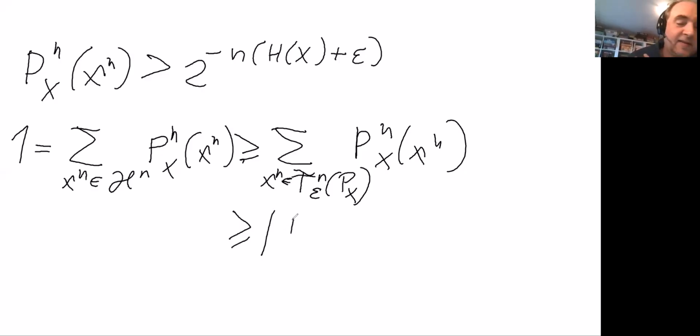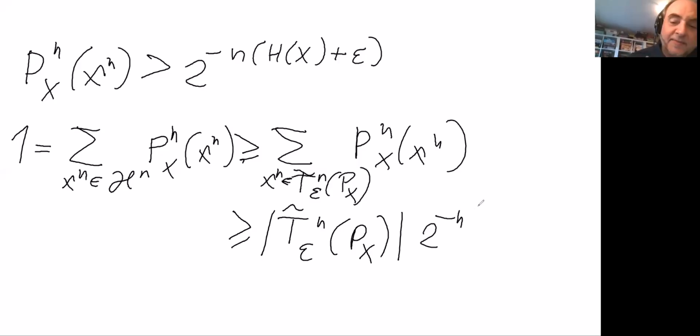So we estimate this by the cardinality of the typical set times, and now we need the other bound, 2 to the minus n of h of x plus epsilon here. And then, of course, we just have to bring it to the other side, and we exactly get 2.